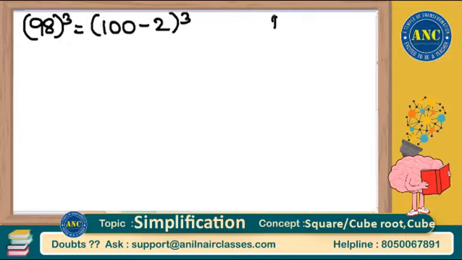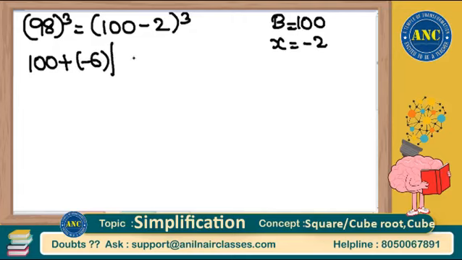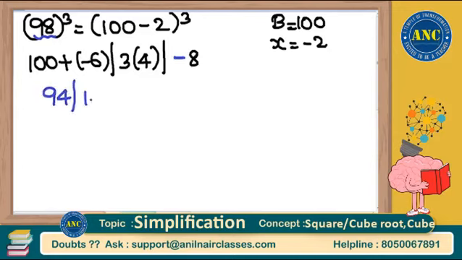Base is 100, b value is 100, which is 10 power 2, x value is minus 2. b plus 3x: 100 plus 3 into minus 2, slash 3x squared, 3 into minus 2 whole square, x cubed, minus 2 whole cube is minus 8. Every person who did not understand my previous question, listen carefully, sir. 98 is a positive number. When I cube a positive, will I get negative 8? No, I will never get negative. Okay, let me simplify. 100 minus 6 is 94. 3 into 4 is 12.